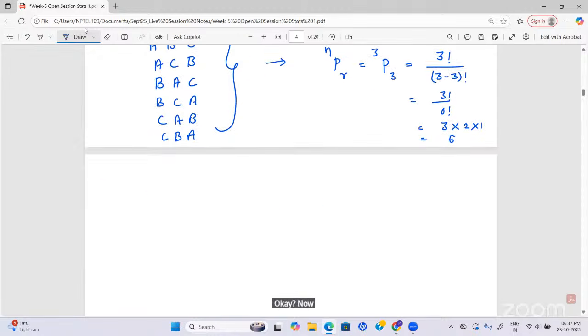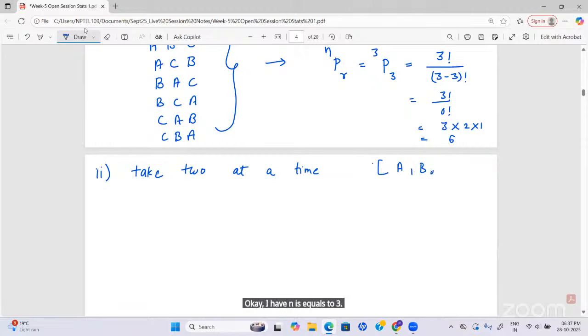Now there can be another case. Suppose I am not taking all the 3 letters here. Suppose I am taking 2 letters at a time. In total I have A, B, C, so n is equal to 3.